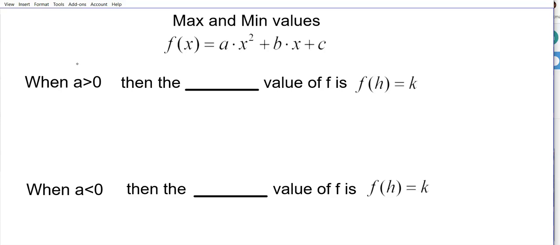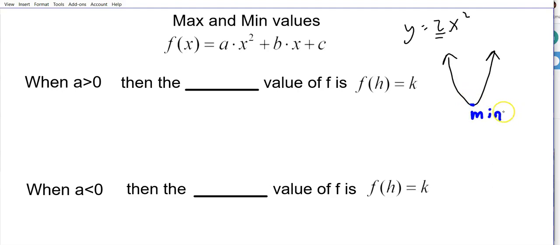So, max and min values. When a is bigger than 0, if you have something like y equals 2x squared, like we just had, if a is positive, the graph is going to be shaped like this, opening up, which means this point is going to be a relative, or in this case, an absolute minimum.